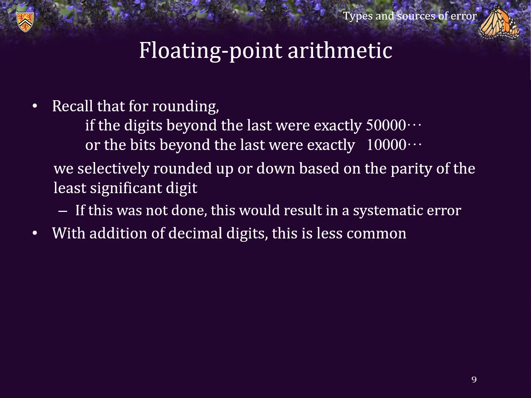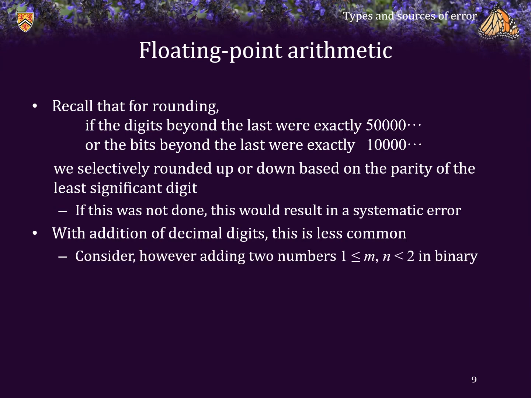Now, you're thinking, wait a second, how often is the digit beyond the last significant decimal digit exactly 5 and everything else is 0? That doesn't appear to be very common. It's not going to happen all that often. However, let's go to binary.